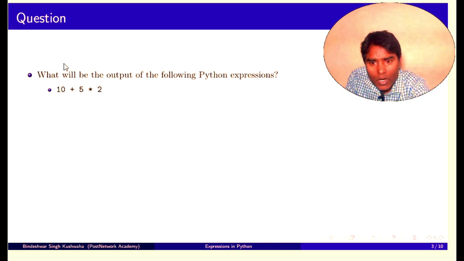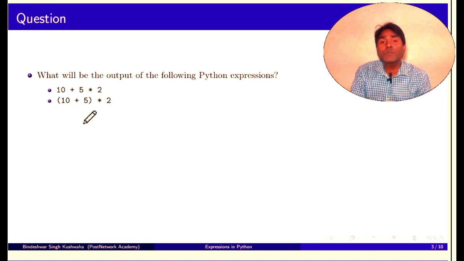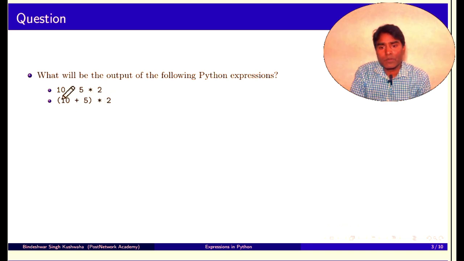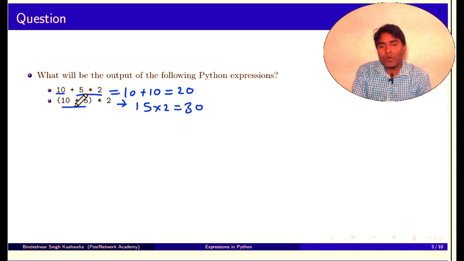Now let us see what would be the output of these expressions. If you have evaluated expressions in mathematics, you would be able to work it out. Here, 10 plus 5 into 2 means 10 plus 10, and that would be 20. Here, it would be different: 10 plus 5 into 2 means 15 into 2, which is 30. You might think both expressions have the same value, but they are different.